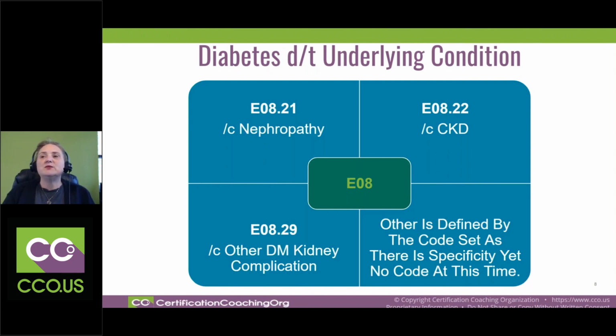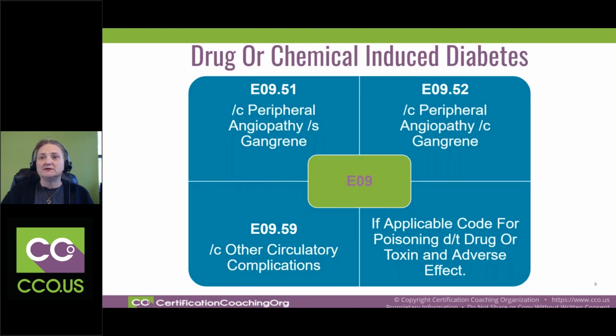And then we have CKD. A patient with CKD would be a .22. If they have other diabetic kidney complications or renal complications, that would be a .29. Now, other, like I've said before, is defined as the code set has not set up a code for it at this time, but you do have specificity written by your provider.